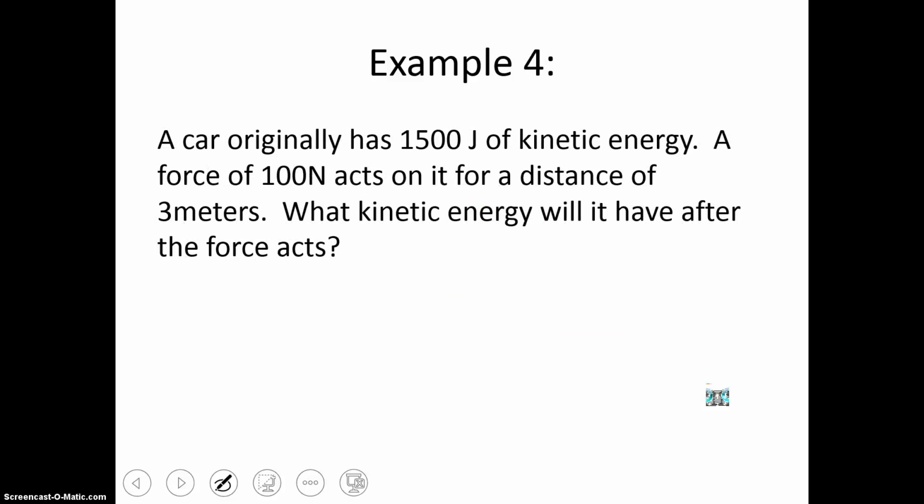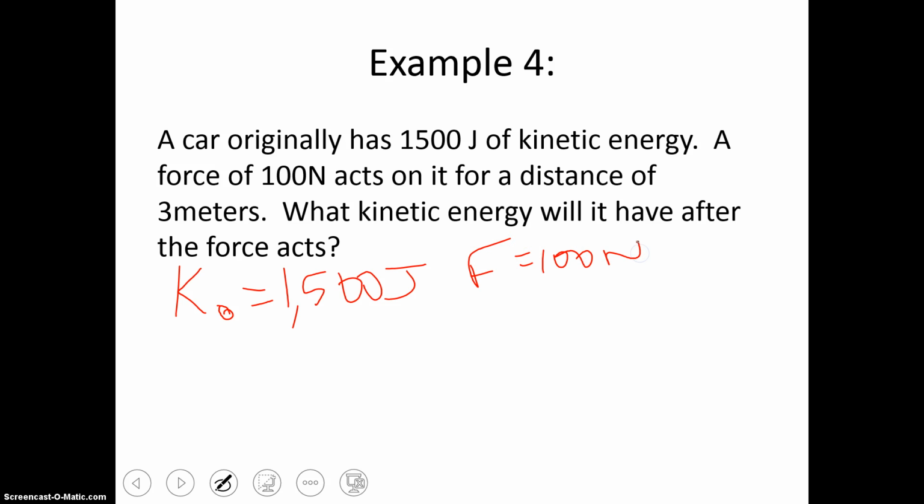Next example. A car originally has 1,500 joules of kinetic energy. So I'm going to say that's K original, 1,500 joules. A force of 100 newtons acts on it for a distance of 3 meters. So I can already tell that my work is going to be force times distance.